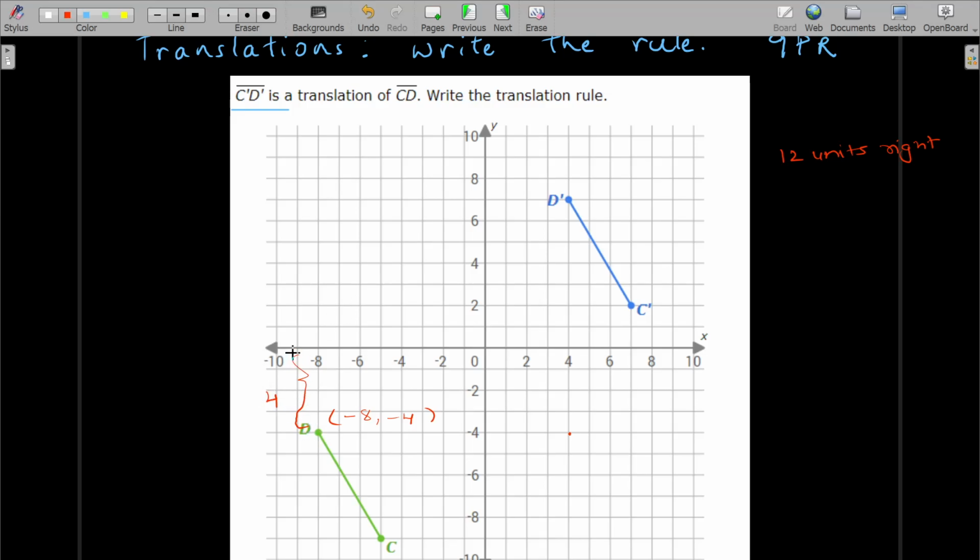So we have to shift it 4 units up, and then it's here 7 units up. So 4 plus 7. That is 11 units up. So what will be the rule? So if you have x comma y, we have to do x plus 12 and y plus 11.